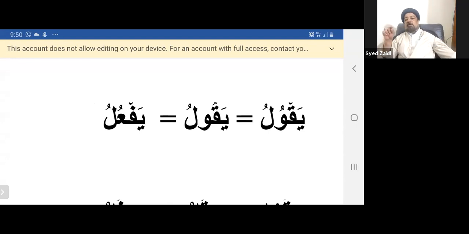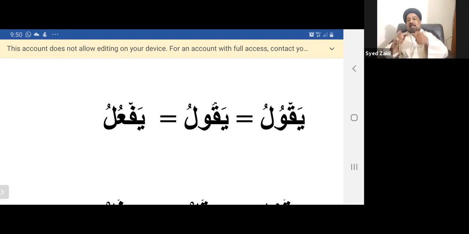So therefore, yaqwulu is equal to yaf'ulu. Once you see the word yaqulu, you would know that the original word was yaqwulu, and therefore yaqwulu is equal to yaf'ulu.